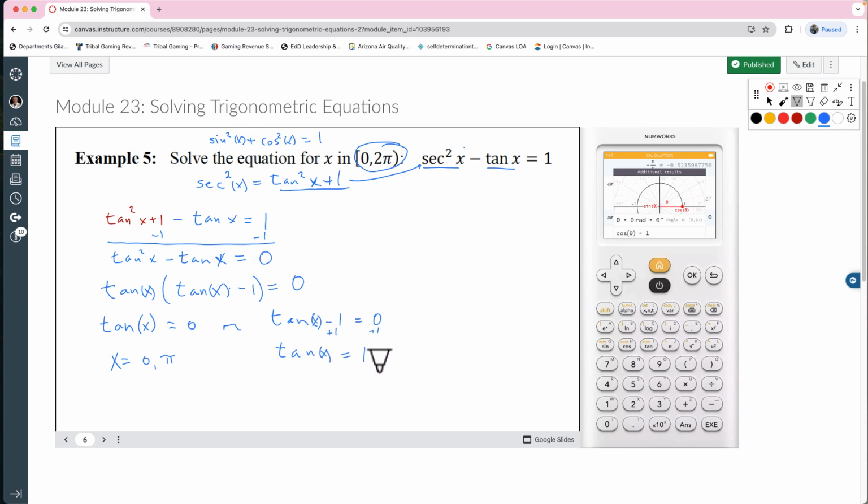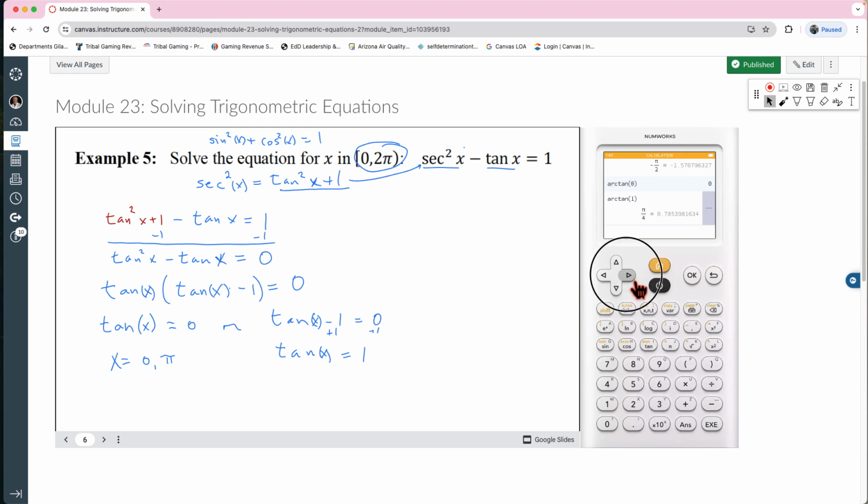When is tangent equal to 1? We're going to see that that's going to be the places where sine and cosine are the same. Again, it's going to be helpful for us to go down here. We'll go to the arctangent of 1. That's going to happen at pi over 4.